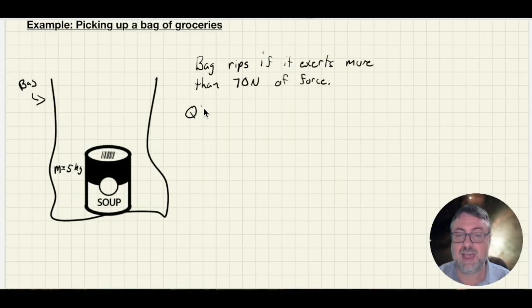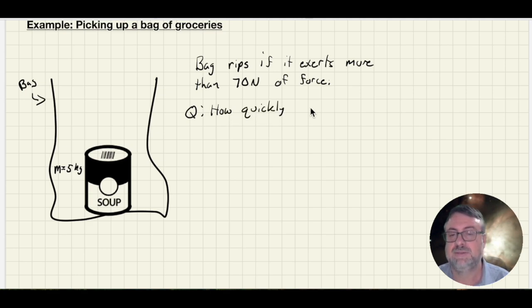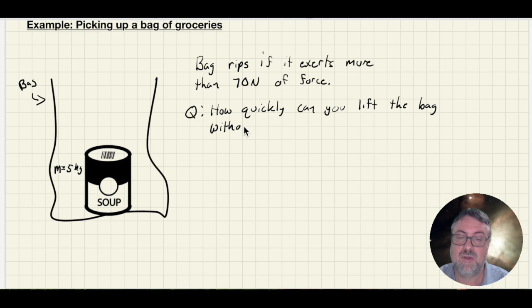So the question we have is, how quickly can you lift a bag without tearing it?